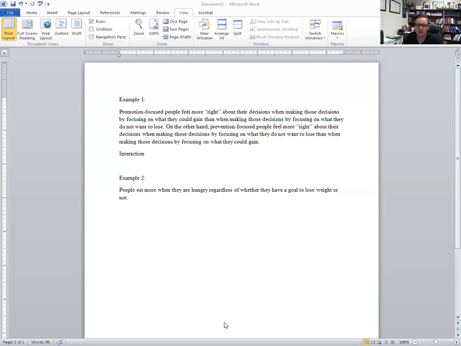All right. So when not hungry, the person without a goal may eat slightly more. But when they're hungry, they're probably going to eat quite a bit more.